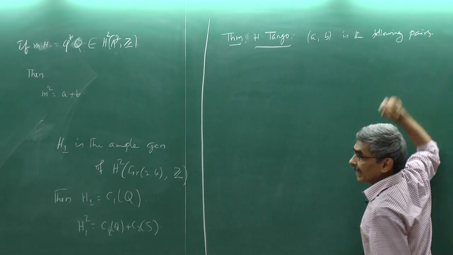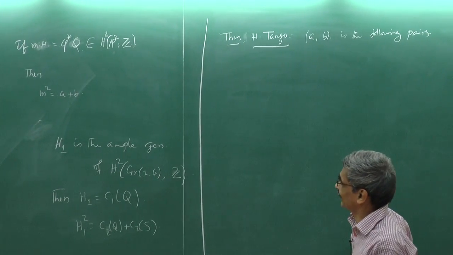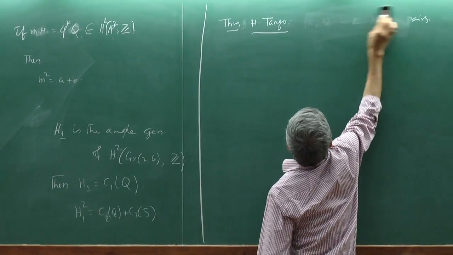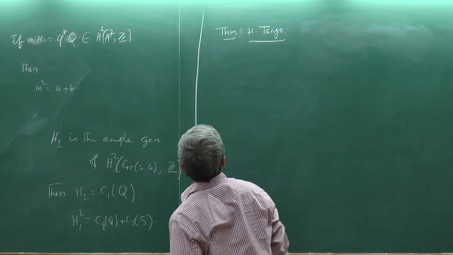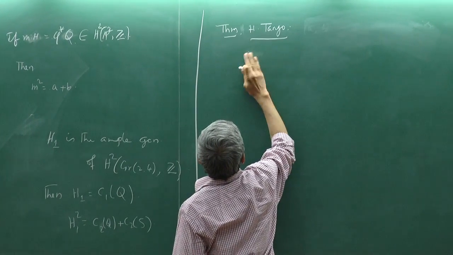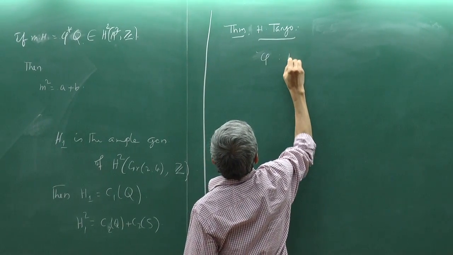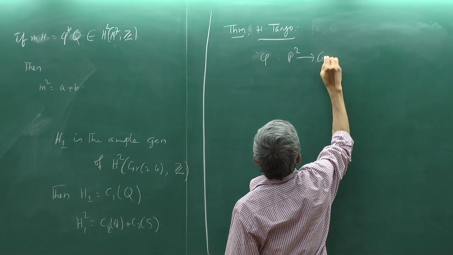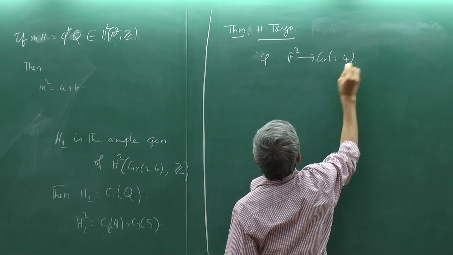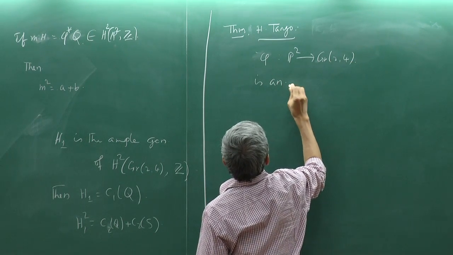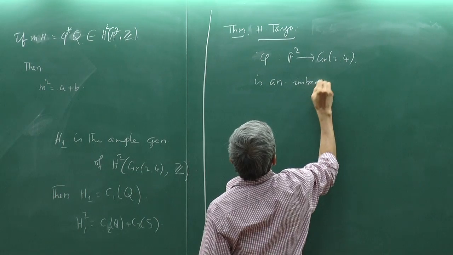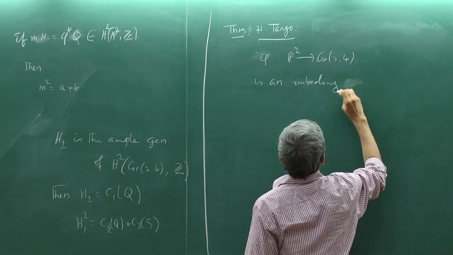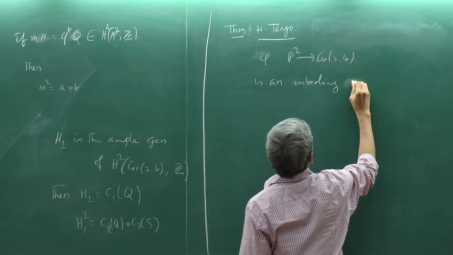The map phi from P2 to GR24 is an embedding in only 3 cases.